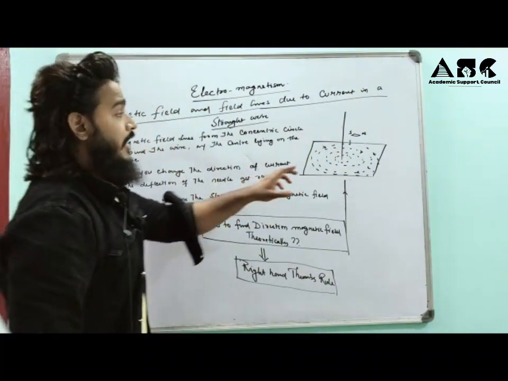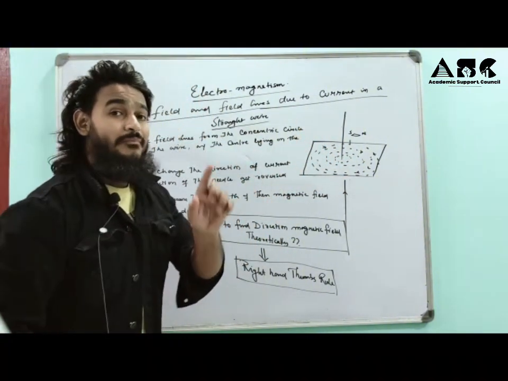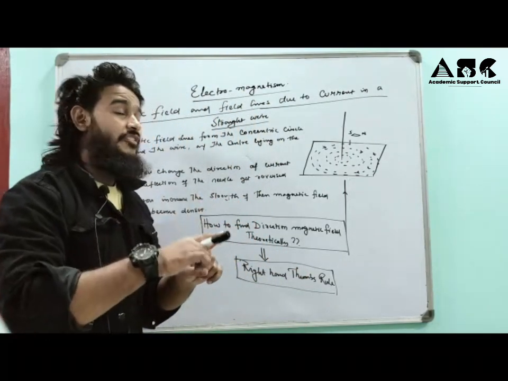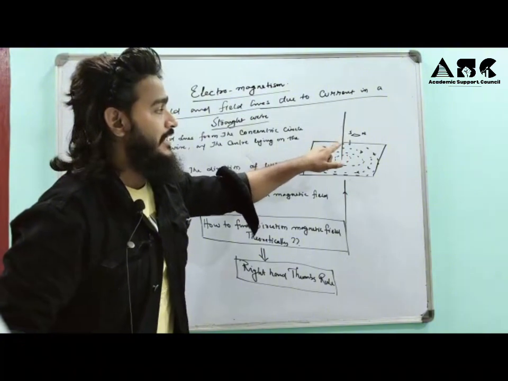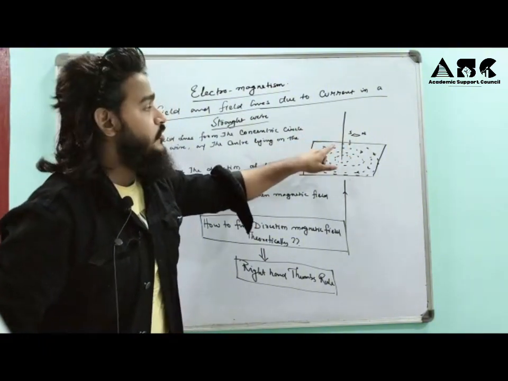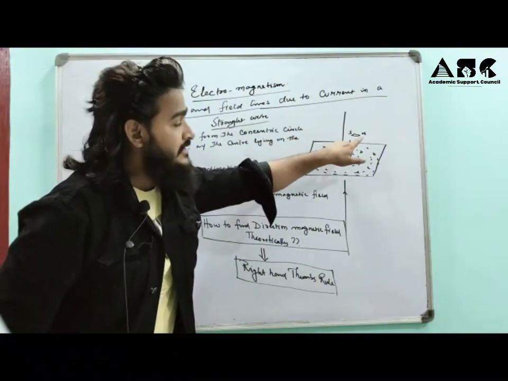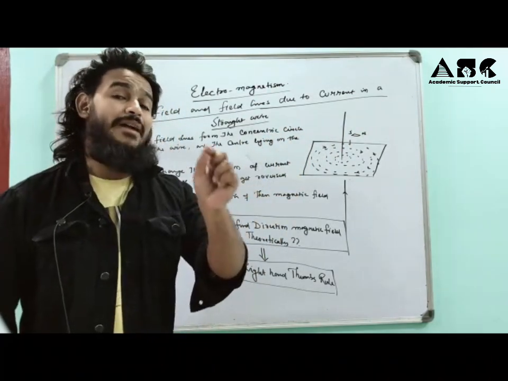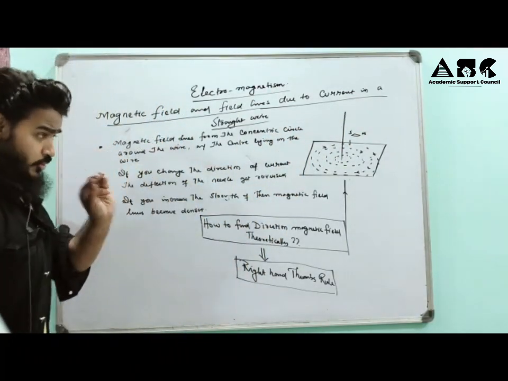So what will be the direction of the magnetic field? Remember that if you place the magnetic compass over the sheet, the direction of the north pole will be the direction of the magnetic field. You remember this point?